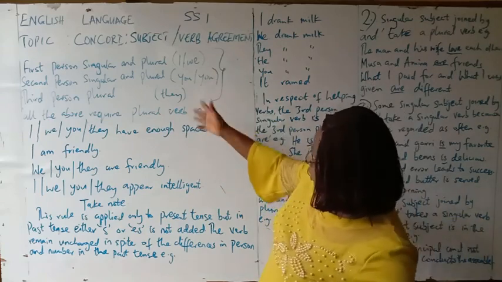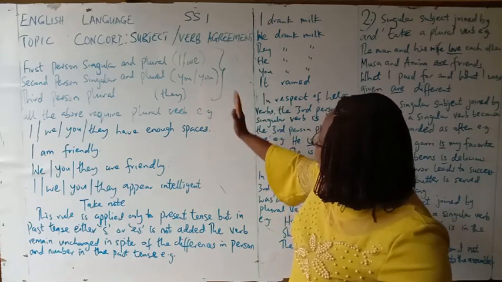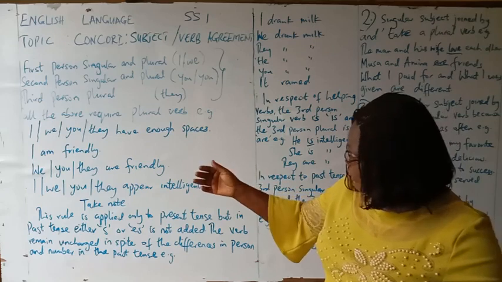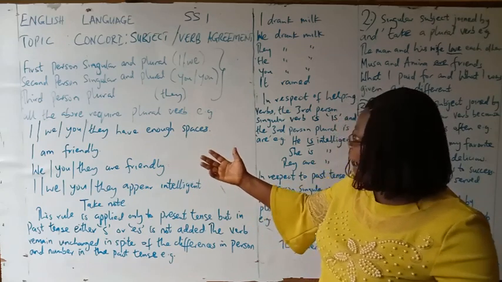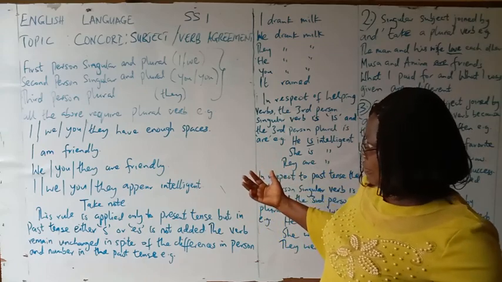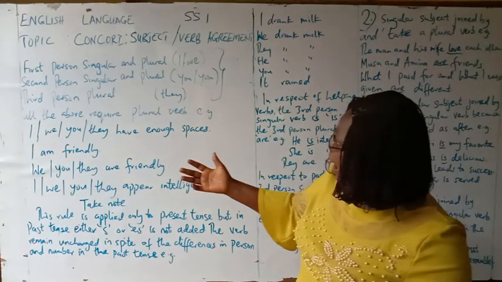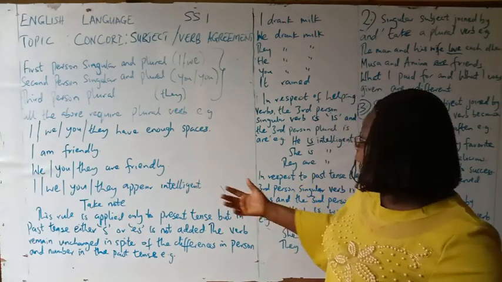All these, the I, we, you, they, all require plural verb. For example, I, we, you, they have enough spaces. I am friendly. We, you, they are friendly.